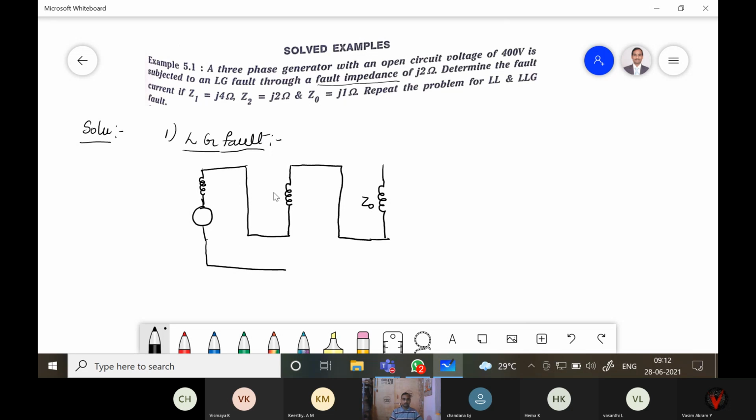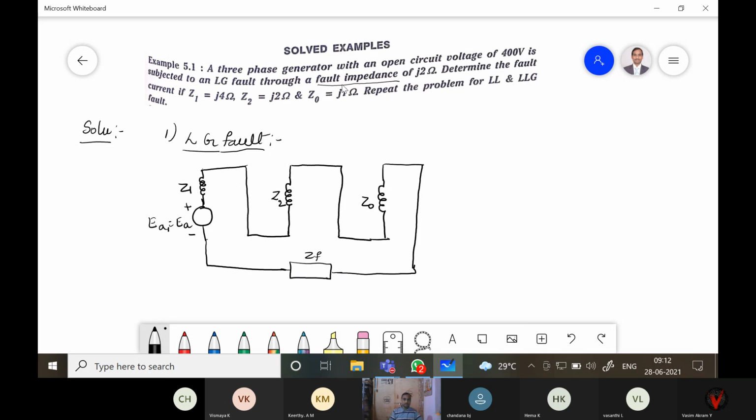This is Z0, this is Z2 and this is Z1, and this is EA1 equal to EA, positive and negative. So through the fault impedance, that is called ZF. Now substitute the values.